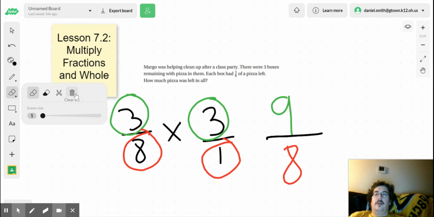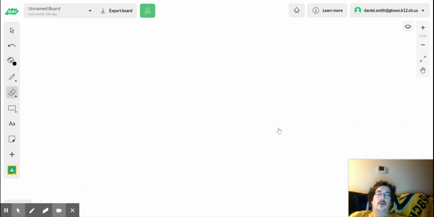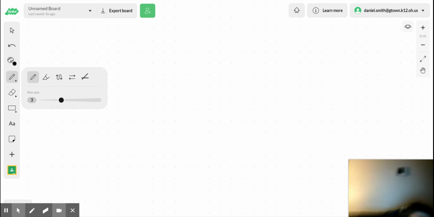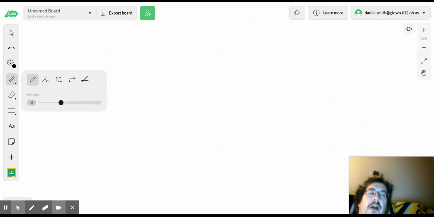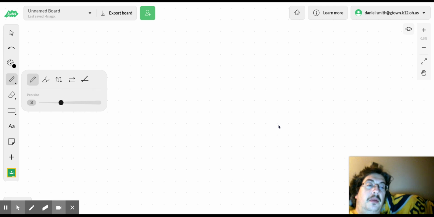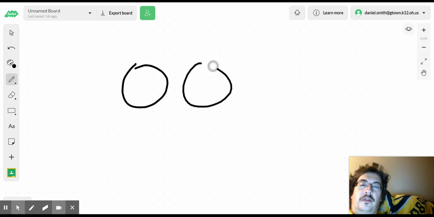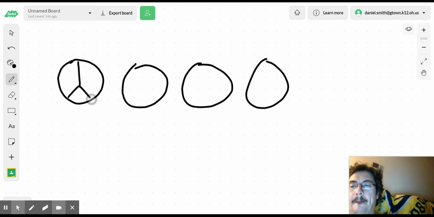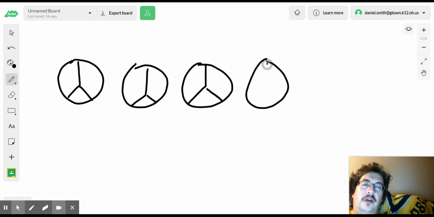So I want to try something here. I'm going to clear the page here, and I'm going to draw a model. I'm going to be modeling a fraction times a whole number, or a whole number multiplied by a fraction problem. So let's see if you can figure out what problem that would be. You'll have to apologize. My drawings are not perfect.